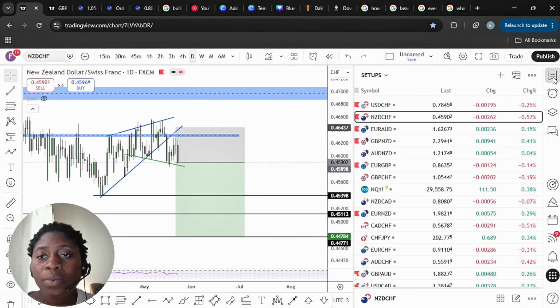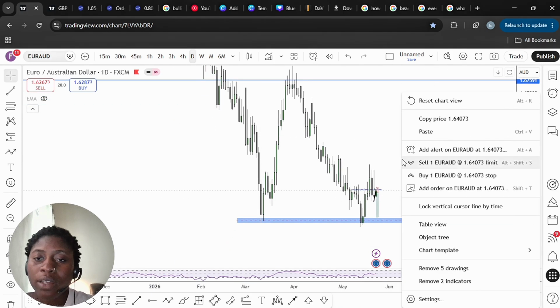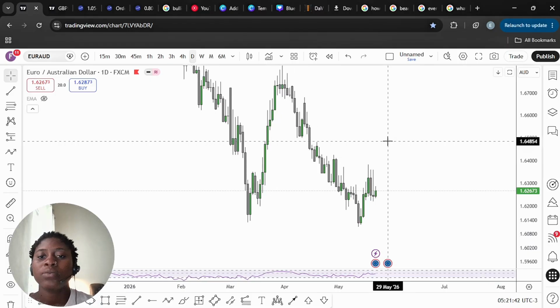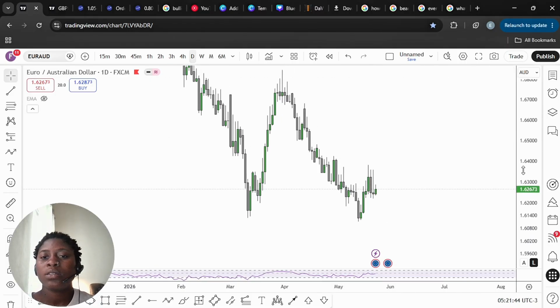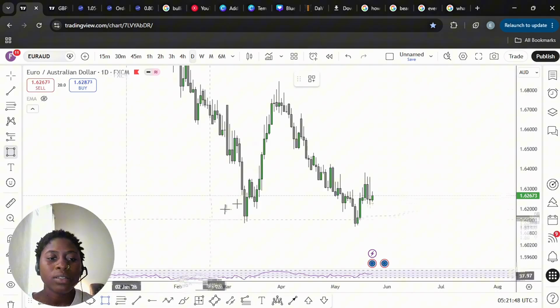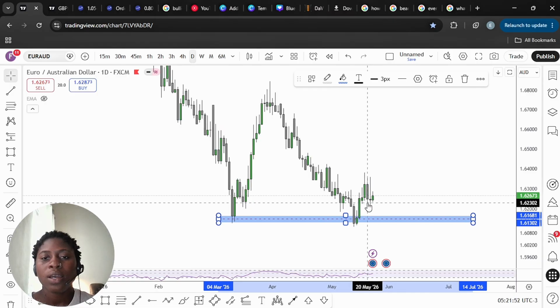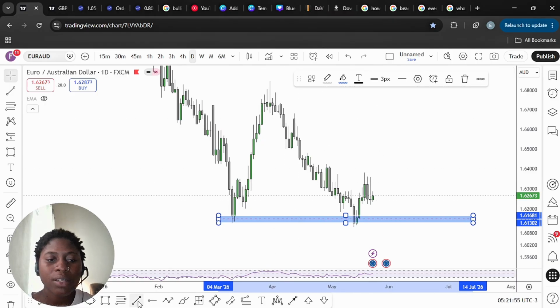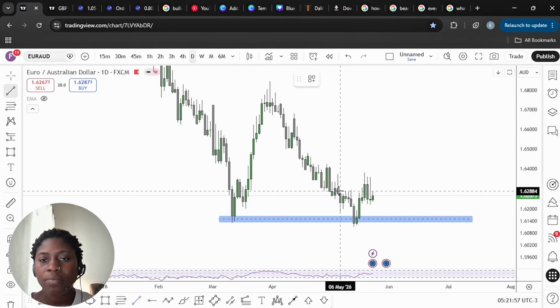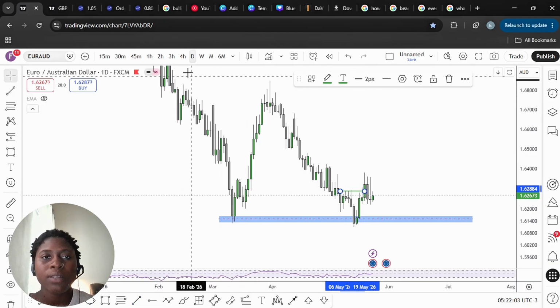Those are my high probability setups, guys. We also have this setup that I'm expecting to play out. I'm not sure. This setup is just more like price is in an equal low and price broke character because this is the last structural high, right?